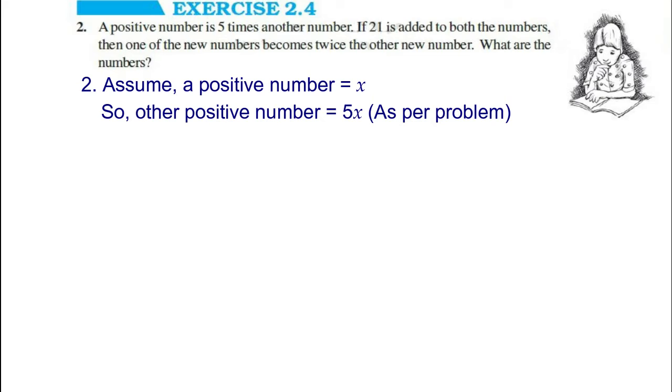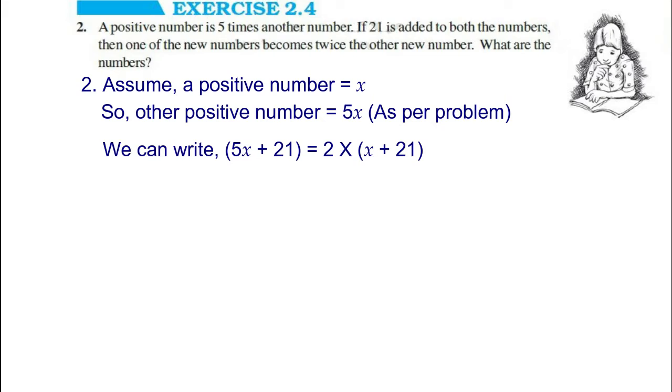Now as per the problem, after adding 21 to both the numbers, one of the new numbers becomes twice the other new number. So we can write 5x + 21 = 2(x + 21), because one new number becomes twice the other new number.